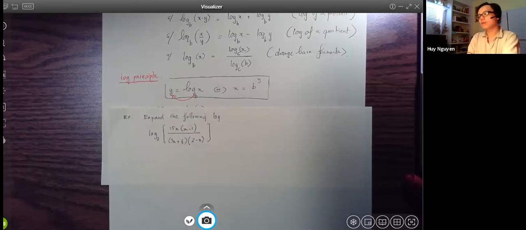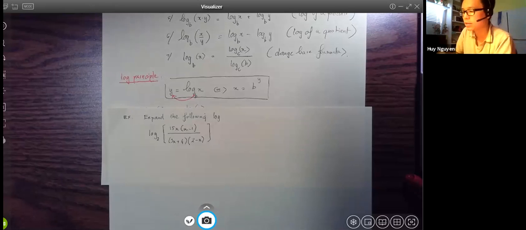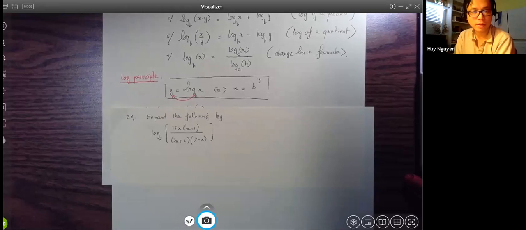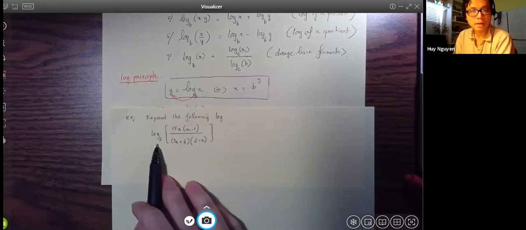First of all, I want to remind you of this, because I see so many students make mistakes. Your handwriting must be very clear when you're dealing with log. Why am I saying so? Because in our example here, the base is 2, and that is a subscript.